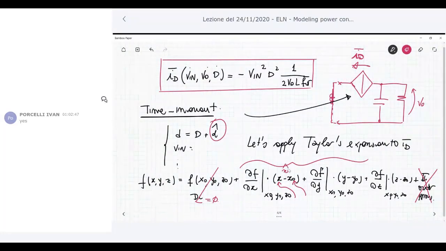It is the same that you can perform, for example, on the duty cycle. This is AC plus DC, and this is just AC. So when you have AC plus DC, D minus the duty cycle term, you get just the small signal variation. So you can replace this quantity with the small signal hat variable.